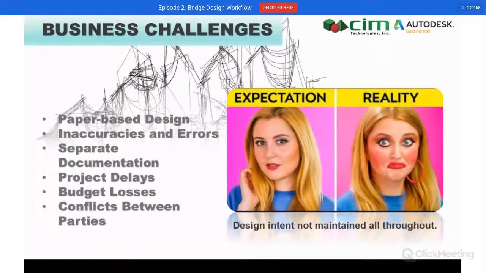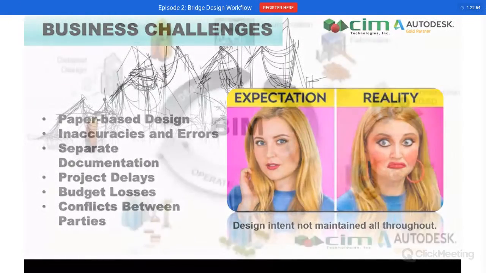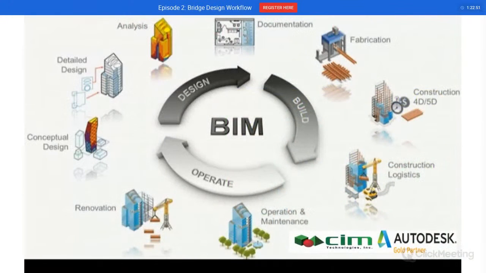The question is, how do we address this, all right? We will address that with this new technology, building information modeling. This is a new innovative technology which involves an intelligent 3D model-based process which gives our AEC professionals the insight and the solutions to more efficiently plan, design, construct, and manage our buildings and infrastructure.